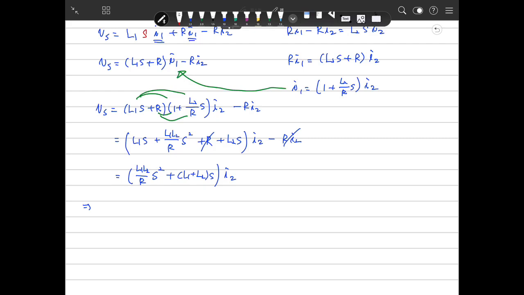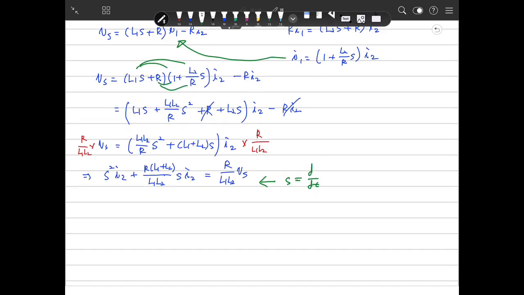So it can be rewritten here. This is divided by L1 L2, and multiplied by R, this is Vs. Then this equation can be written as s squared I2 plus R(L1 plus L2)/(L1 L2) s I2 equals R/(L1 L2) Vs. Then we replace s with d/dt.